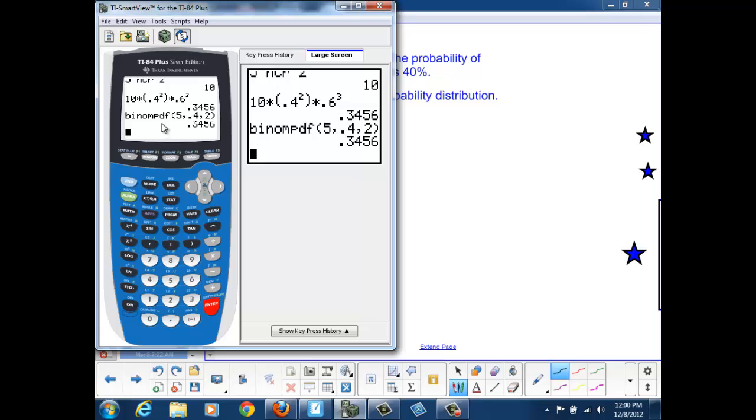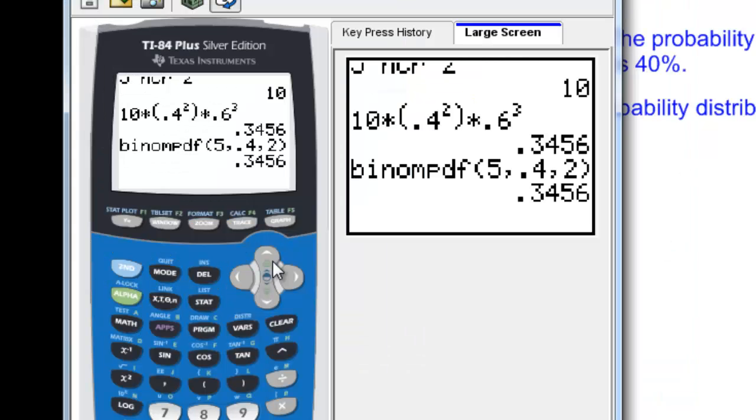Here's where our calculator can help us out once again. We could simply repeat our binomPDF command for all 6 possible outcomes from 0 through 5 heads. But we can also work with the functions and our lists in the calculator to shorten the process. Here's what I mean.